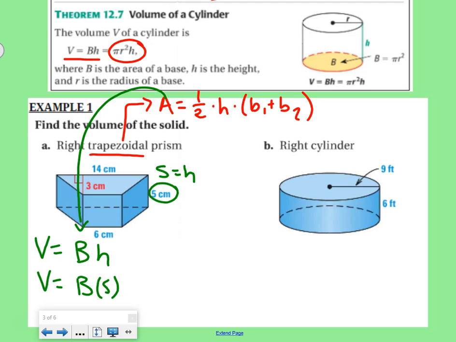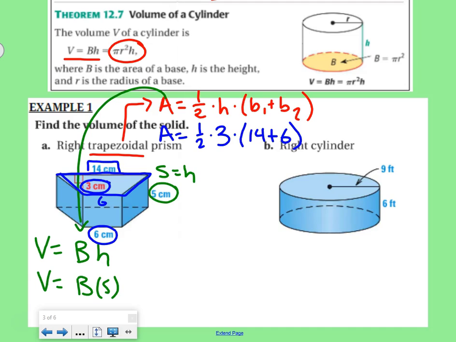Now we just need to find the area of the base using our trapezoid formula. So area equals 1/2 times H. The height of the trapezoid right here is this 3 centimeters, times the sum of the bases. One base is 14 centimeters, and the other base, if we look here, is 6, because this would also be 6 right there.